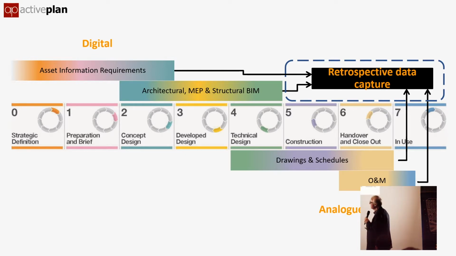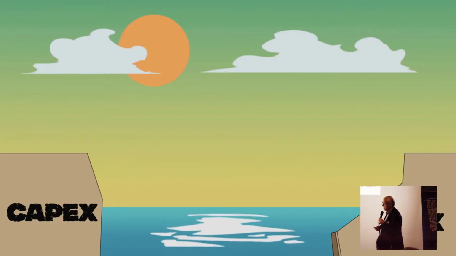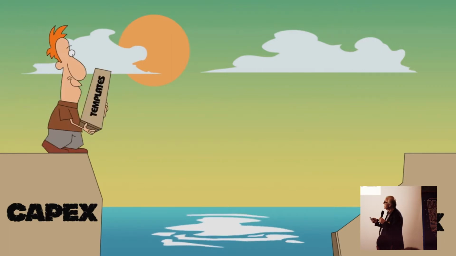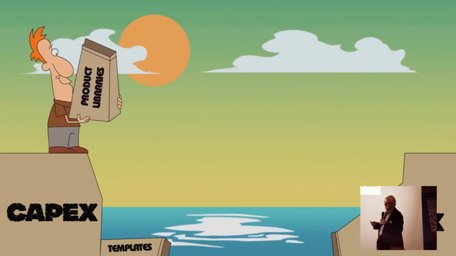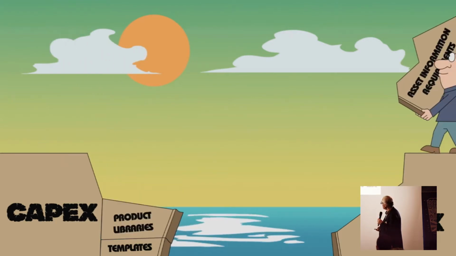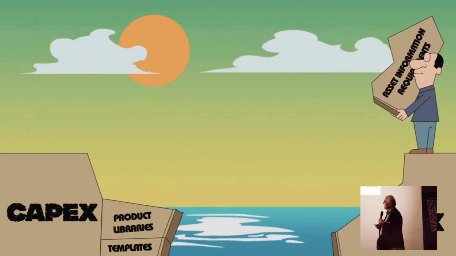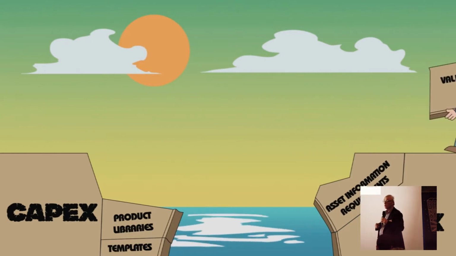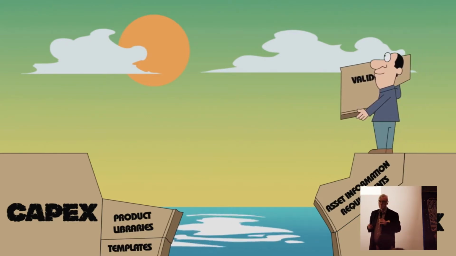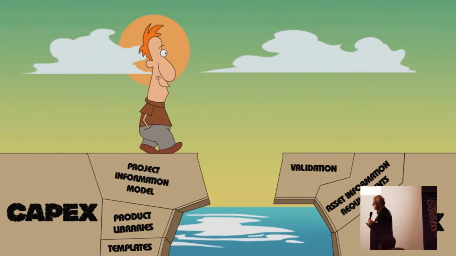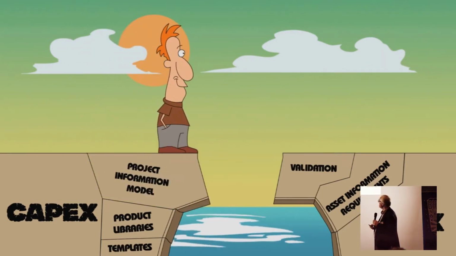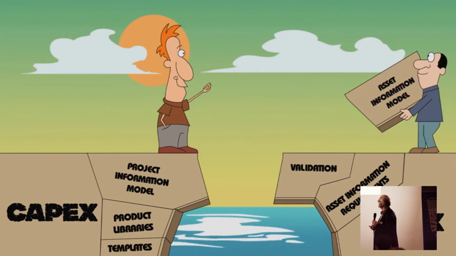So what we're trying to do is put in place a series of templates, data sets, product libraries, which essentially will satisfy an asset information requirement, will then automatically be validated so that the information is tested right the way through, so we end up with a coordinated asset information model.